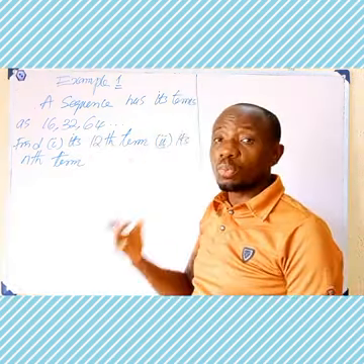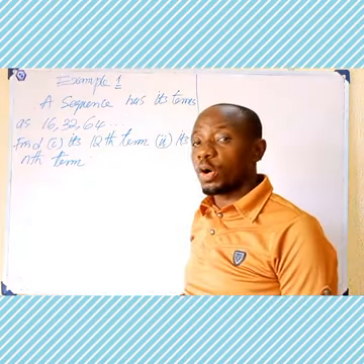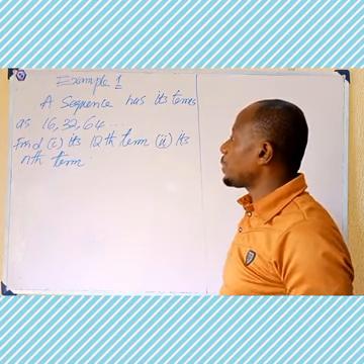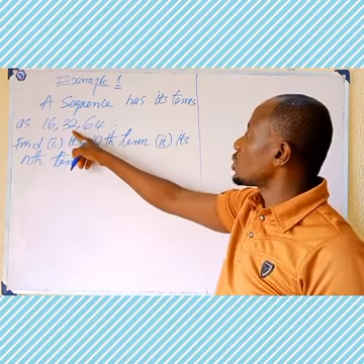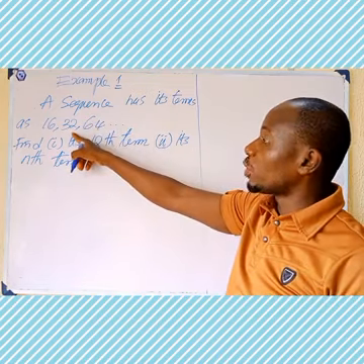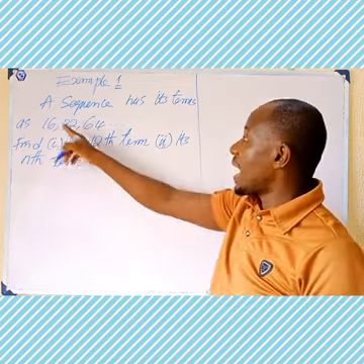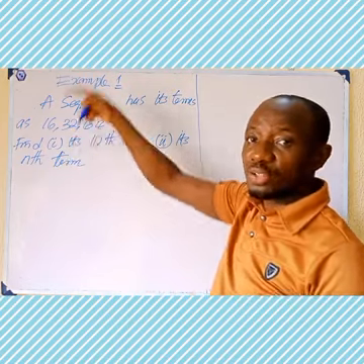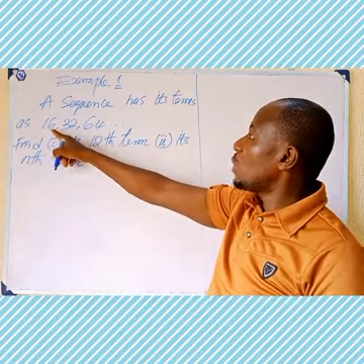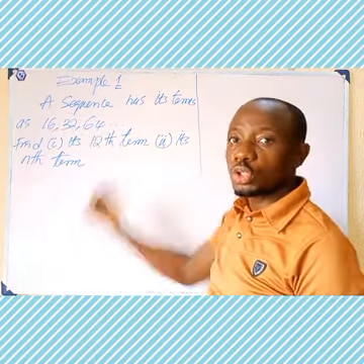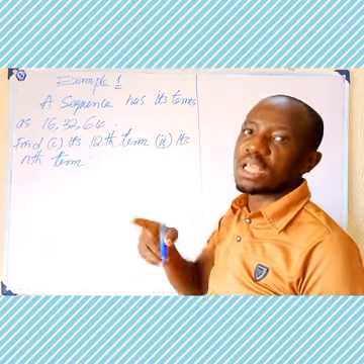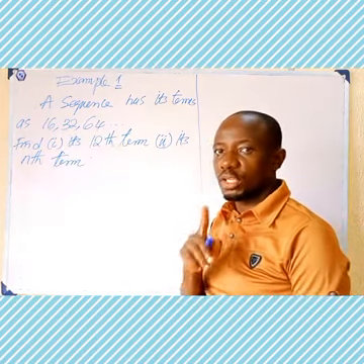So this is the method we use to differentiate whether it is an AP problem or a GP problem. For an AP problem, the difference between this number and this number must be constant. If I add 2 to this, you get the next number. If I add 2 to the next number, you get the next number. But it's not like that here. Here, you have to do multiples of what? 2 to get the next number. So this is a geometric progression problem and not an arithmetic progression problem. So you need to take note of that.